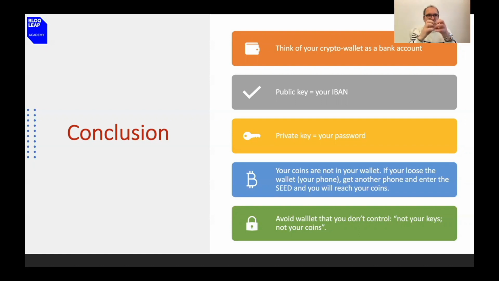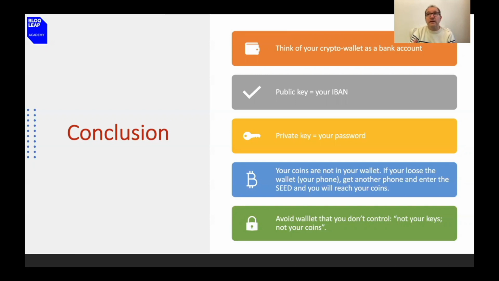These pair of keys are very important for what we're going to explain later, cryptography, okay? So your coins are not in your wallet. Very important. If you lose the wallet or your phone, not a problem. You buy another phone, you download the app, and you enter the 12 or 24 words, and you will access your coins. Your coins are safe if you've got the seed, all right?